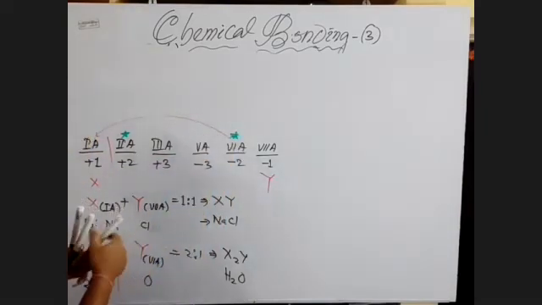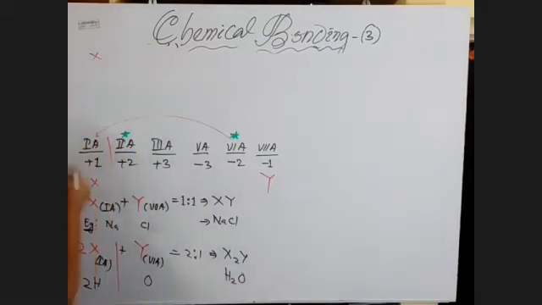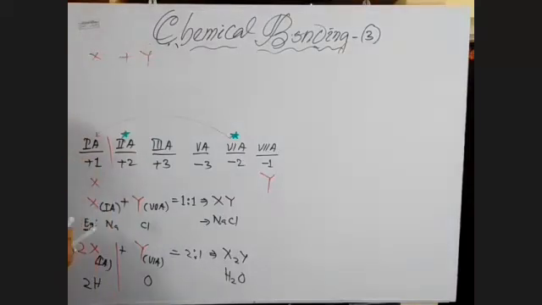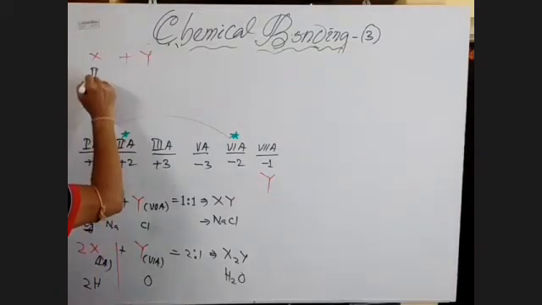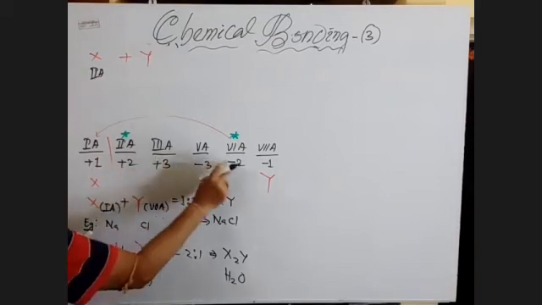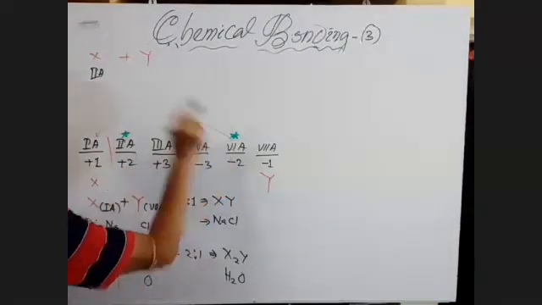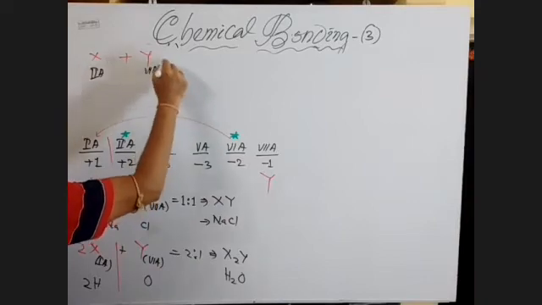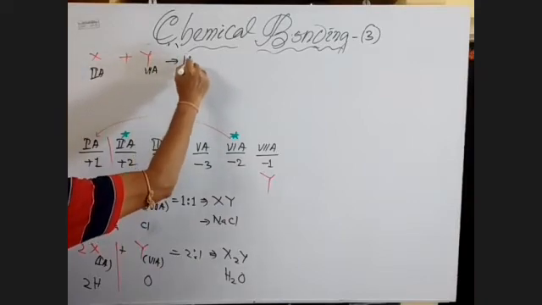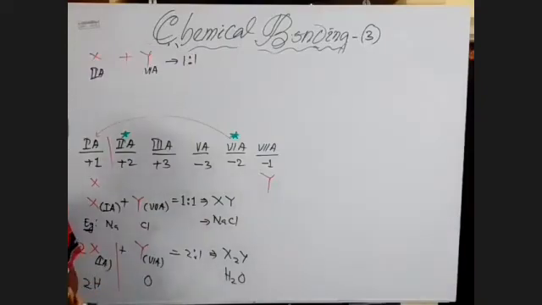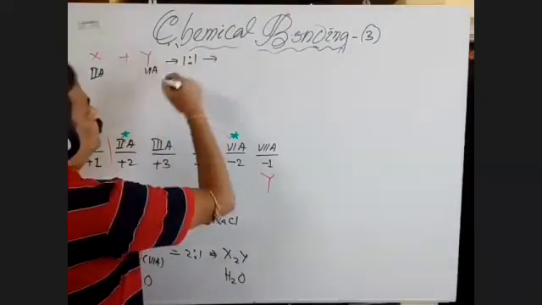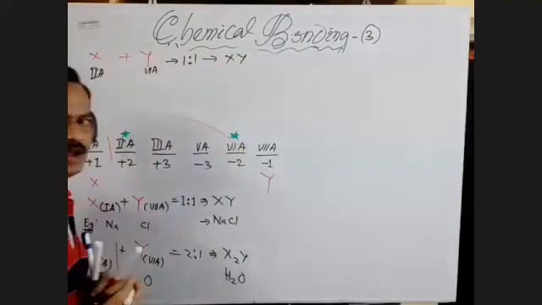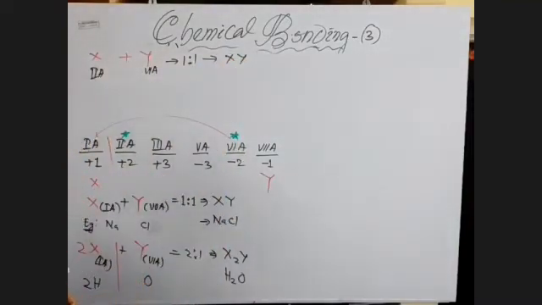So if I take X element and Y element in the combination, X is from second A group and it needs one element from the sixth A group. There will be a 1 is to 1 combination, 1 is to 1 ratio, so the chemical formula will be XY.